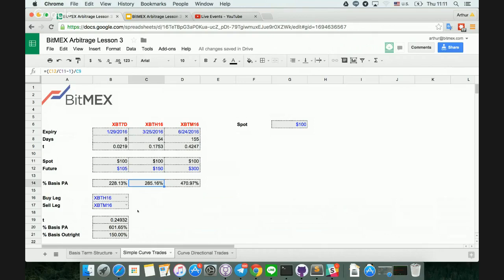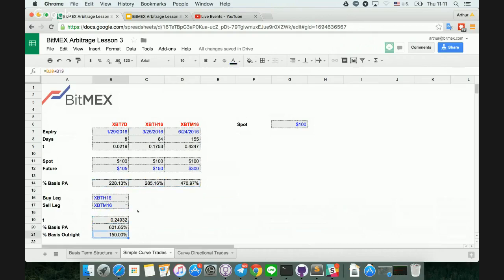If you are selling, i.e. you're receiving the difference between the future and spot, you are receiving fixed. And if you think in these terms, it makes a lot more sense about what trades to do. So again, we want to pay fixed cheaper, i.e. 285% basis per annum, and receive fixed at a longer dated time span, or 500% per annum.